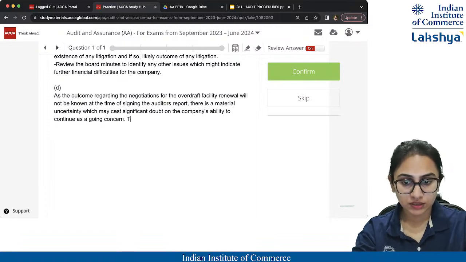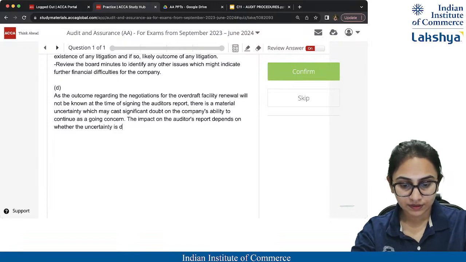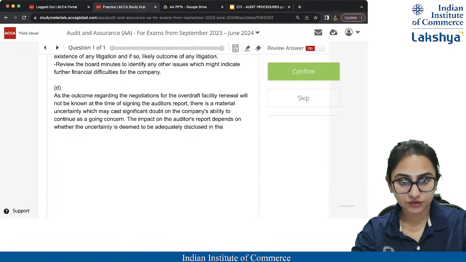So the impact on the auditor's report depends on whether the uncertainty is deemed to be adequately disclosed in the financial statements.